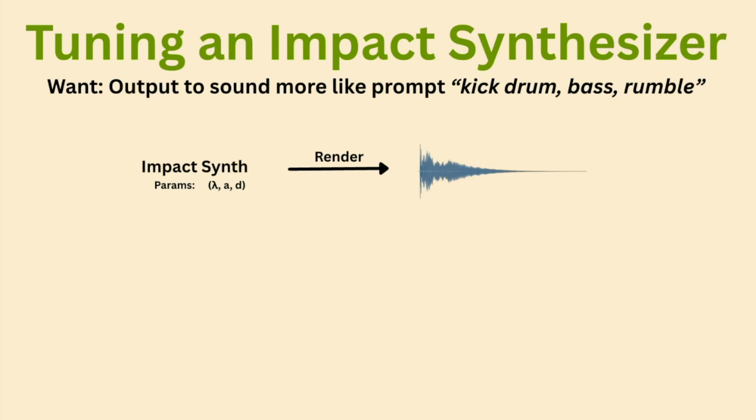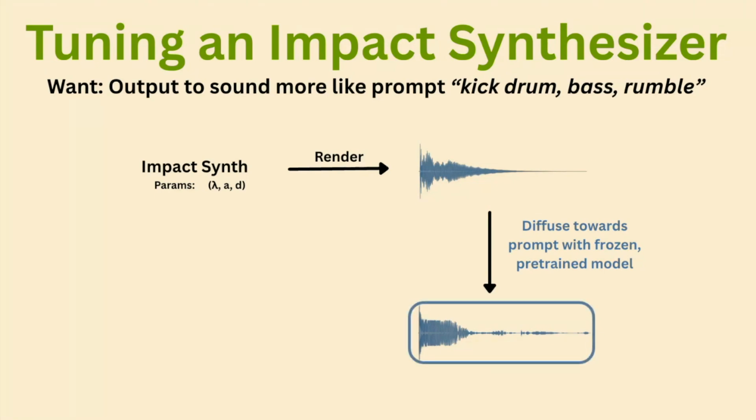So then the next thing we're going to do is our diffusion partial sample here. And that looks like that. So that took that output, that probably didn't sound very much like a kick drum at all, and using the diffusion model, it's partially adding some noise and denoising, and that's the output, that in this case we use Stable Audio Open.